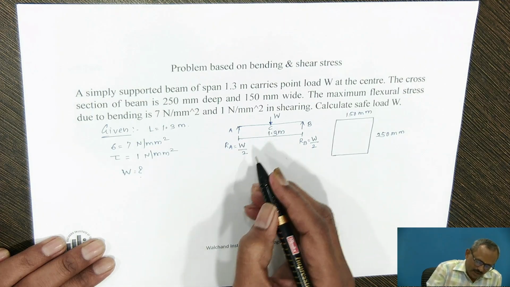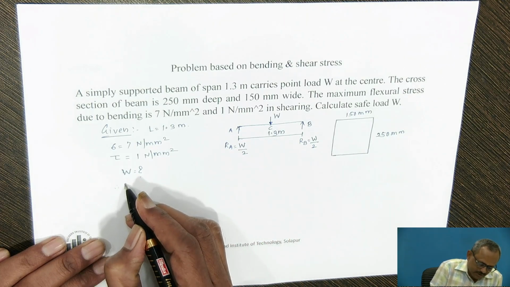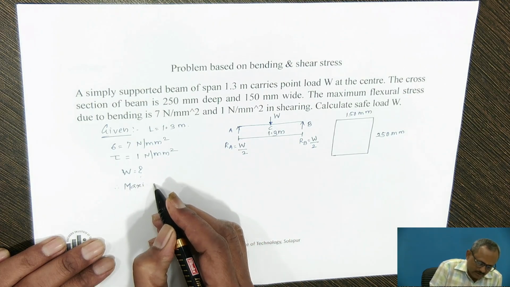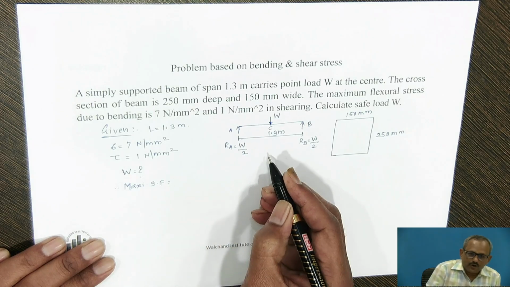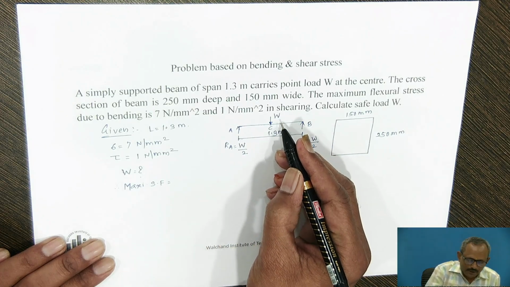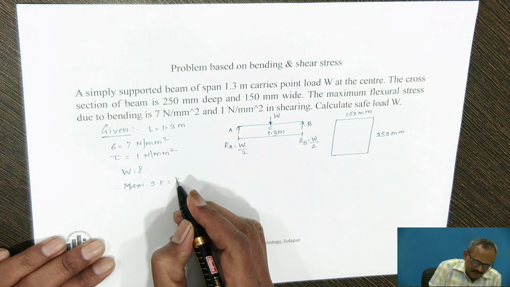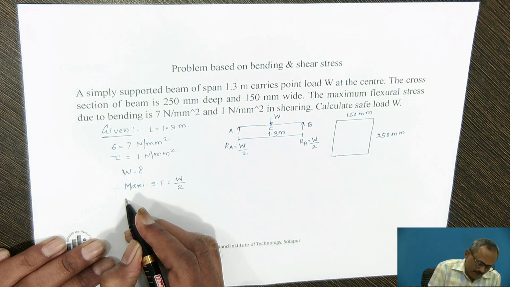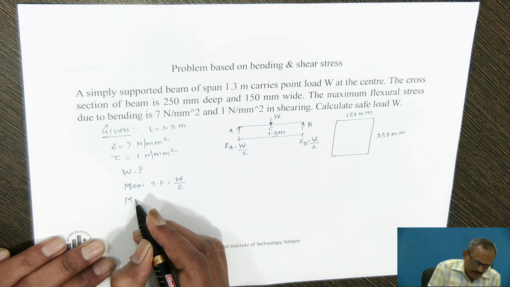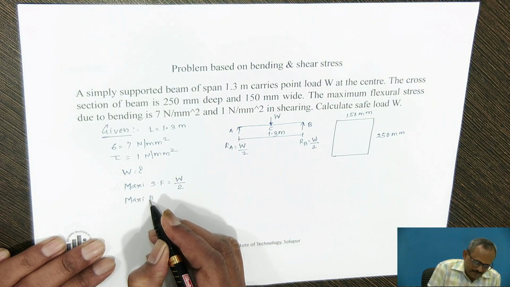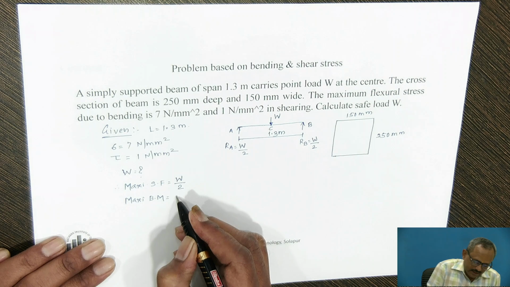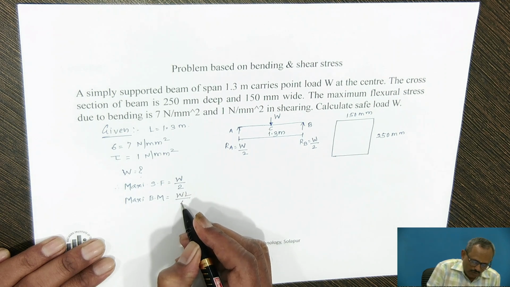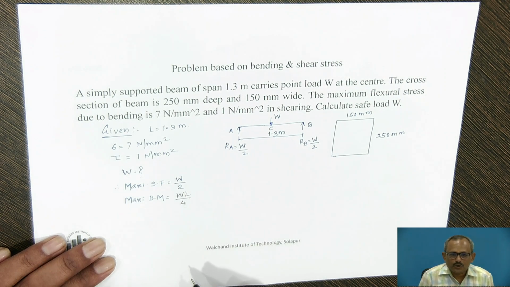The maximum shear force for a simply supported beam carrying a point load at the center is W by 2, and the maximum bending moment to which the beam is subjected is WL upon 4. At the support, the bending moment is always 0.